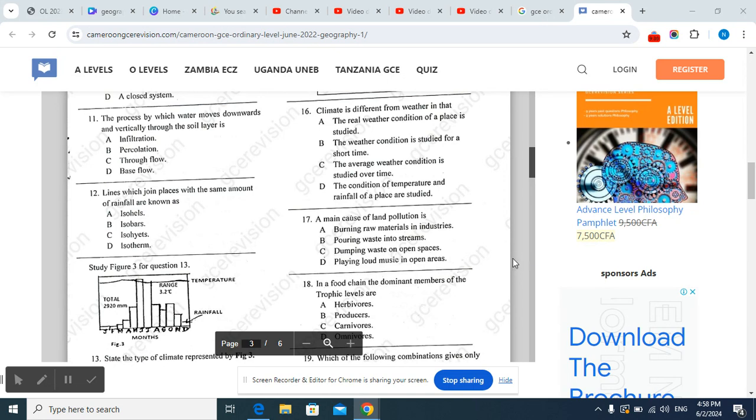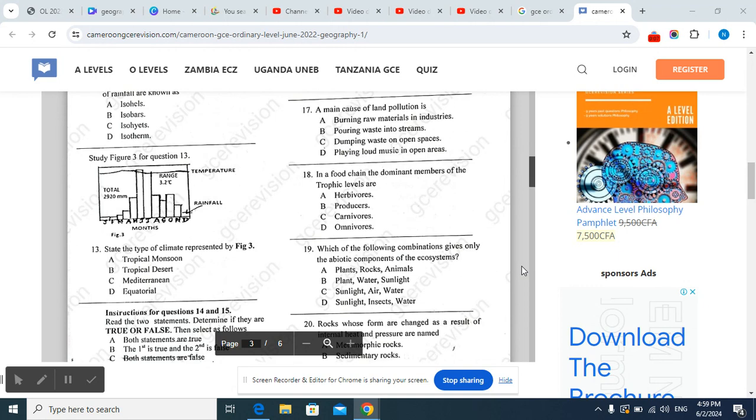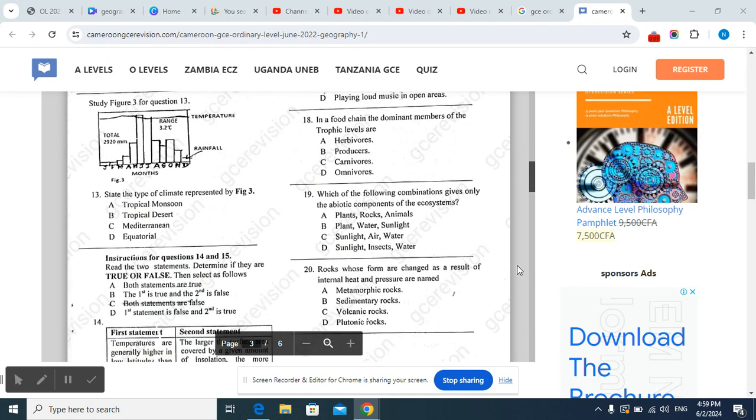Question 18. In a food chain, the dominant members of the trophic level are, the answer is B. Number 19.